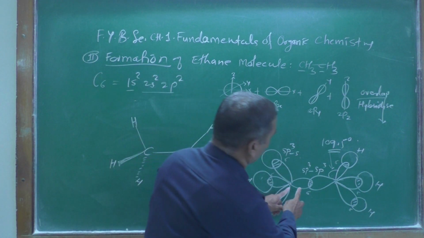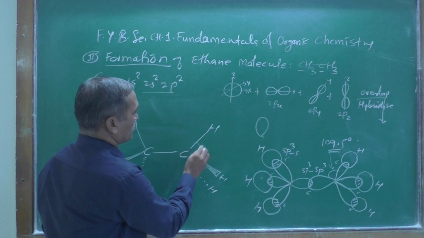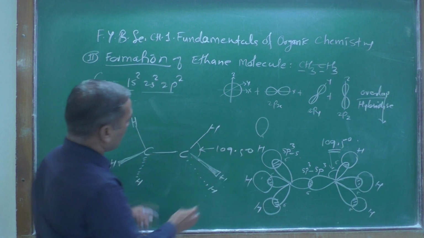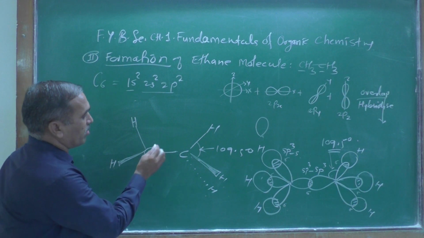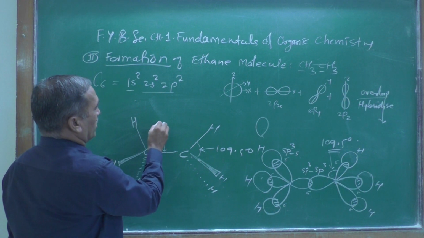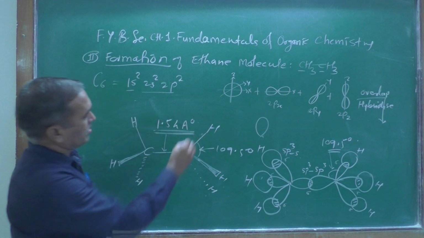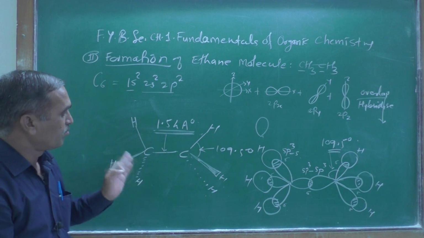And now the carbon-carbon single bond length is found here, let us see here, whereas the bond length in the carbon-carbon single bond is found to be, I think, 1.54 angstrom. Always remember, angstrom is a unit of the bond length.